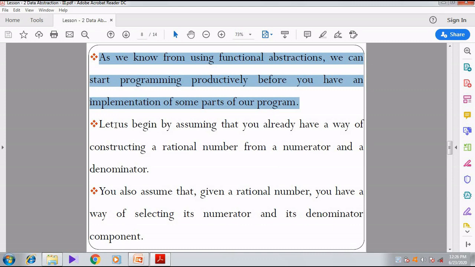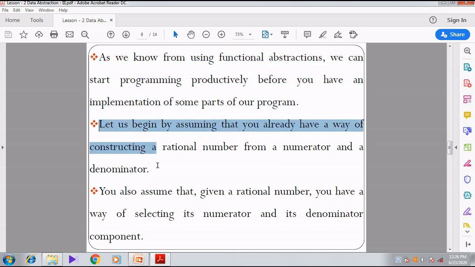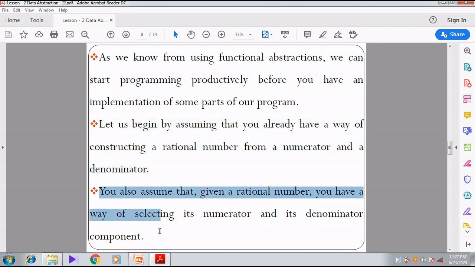Let us begin by assuming that you already have a way of constructing a rational number from a numerator and a denominator. You can also assume that given a rational number, you have a way of selecting its numerator and its denominator component.